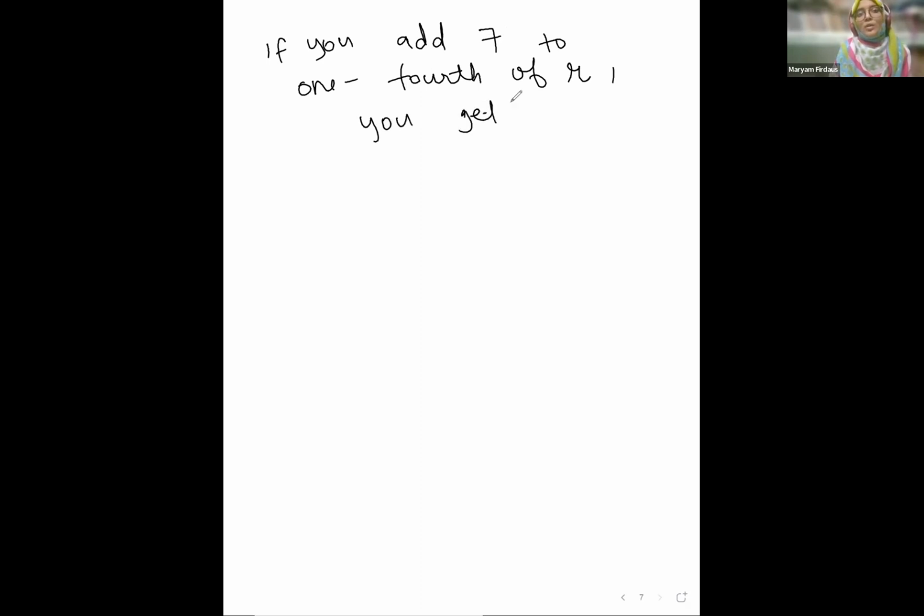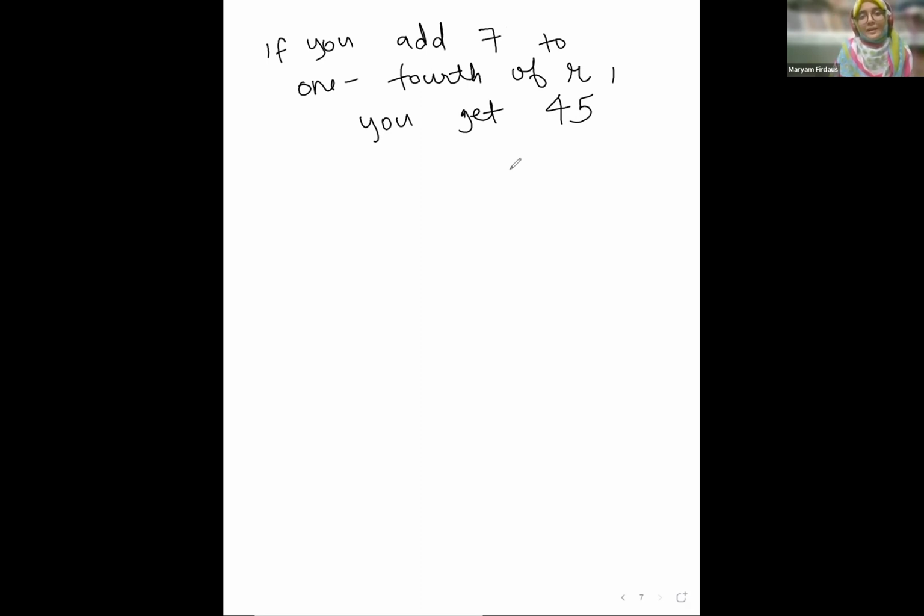If you add 7 to 1/4 of, let's say, R, you get 45.